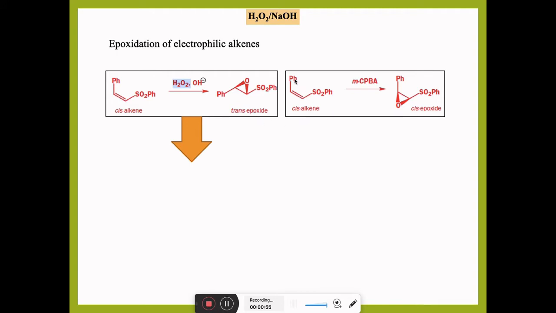And the cis alkene, we have seen with MCPBA, will again give you an epoxide, but here the reaction is stereospecific, as we have mentioned earlier in case of MCPBA. So we'll get cis alkene giving cis epoxide.